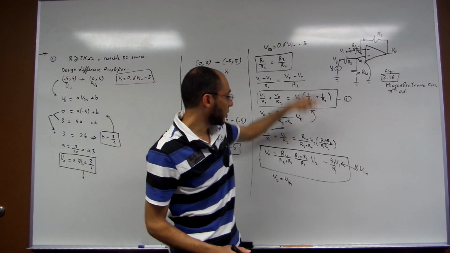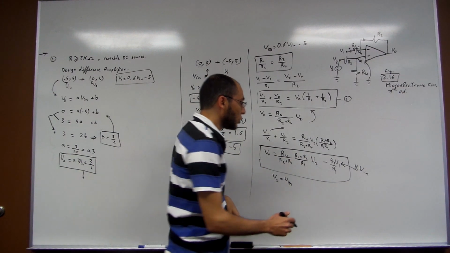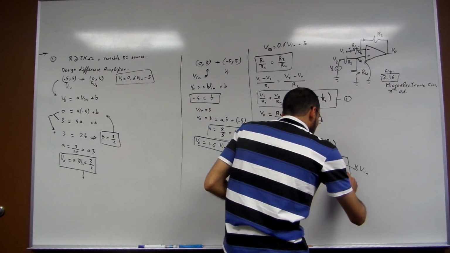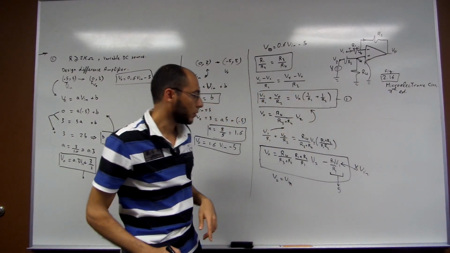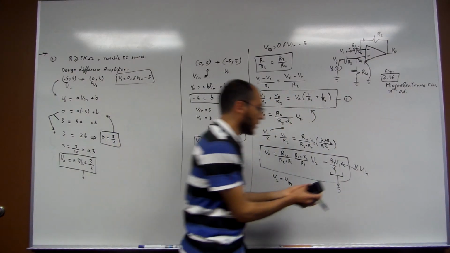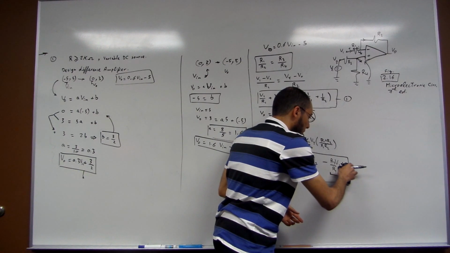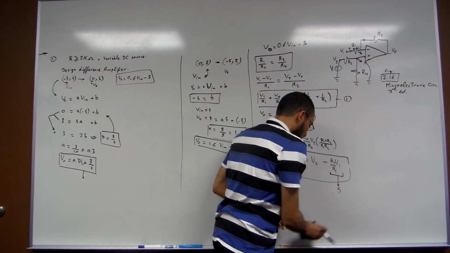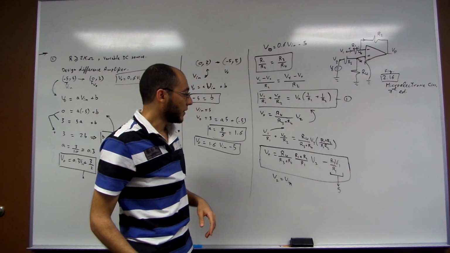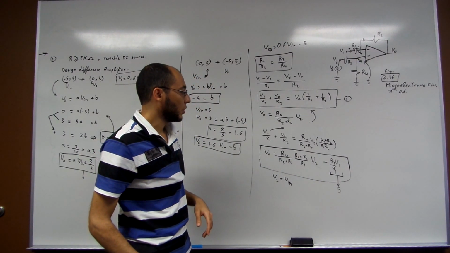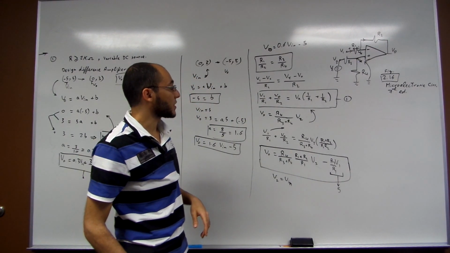What about V1? I'm going to set V1 to a value such that this whole number is equal to 5. So that's not V input anymore. I'm going to set this to be 5. And then you're allowed to make whatever assumption you like.